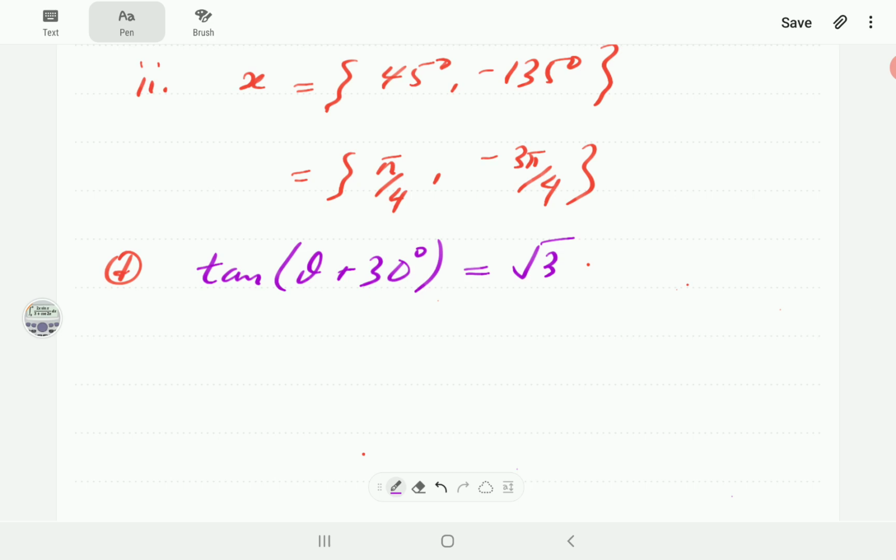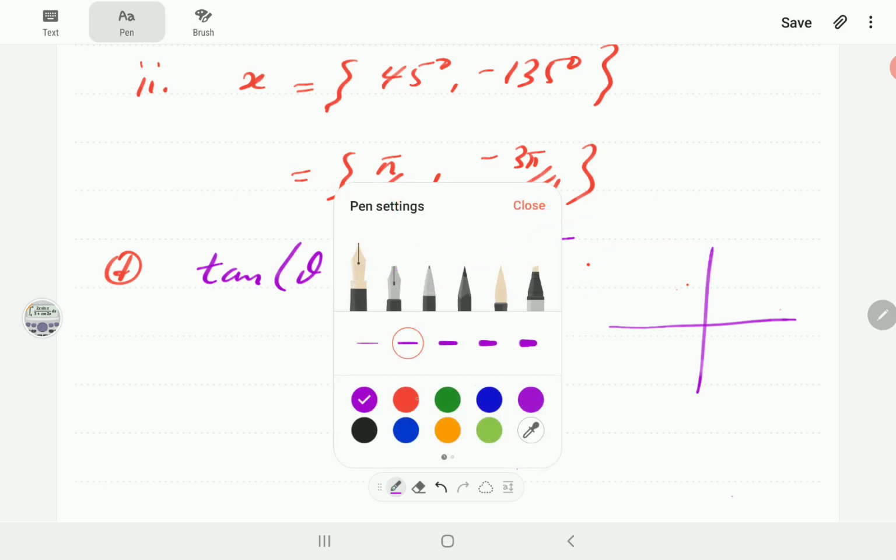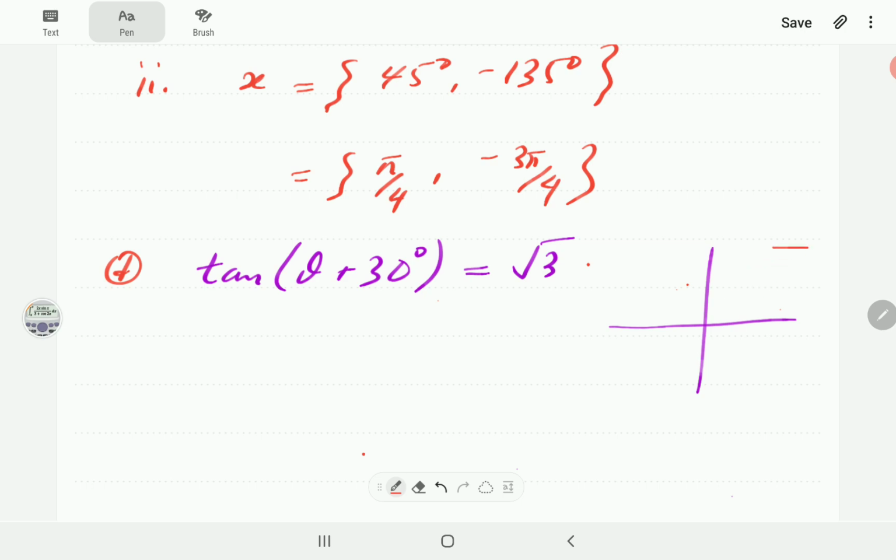Yeah, so again we're going to ask ourselves the question, because this is positive, in which quadrant is tangent positive? And of course the answer, we've already addressed that one. First quadrant and third quadrant.